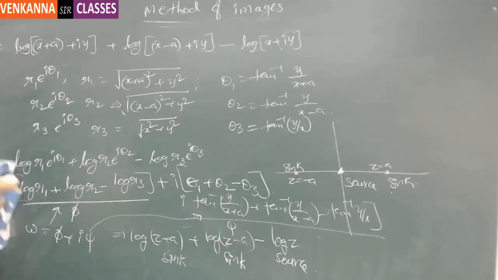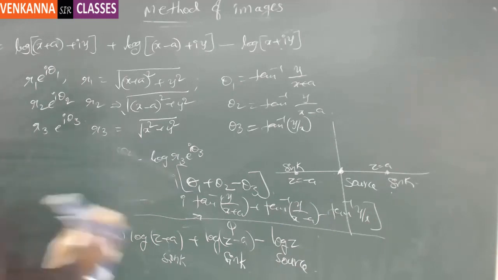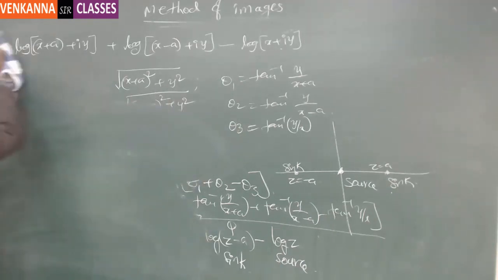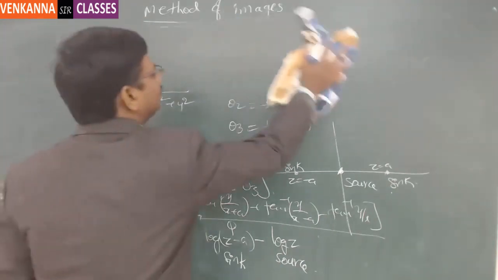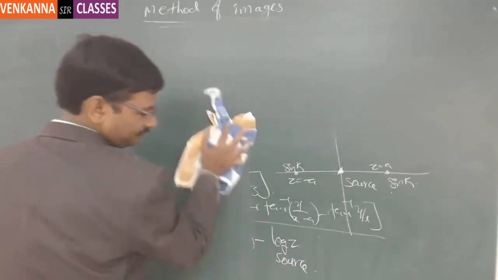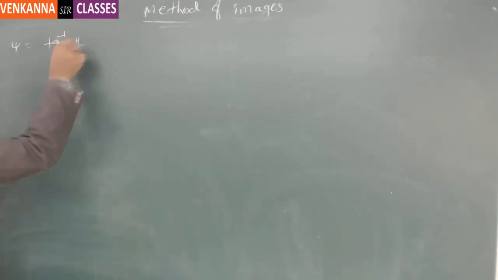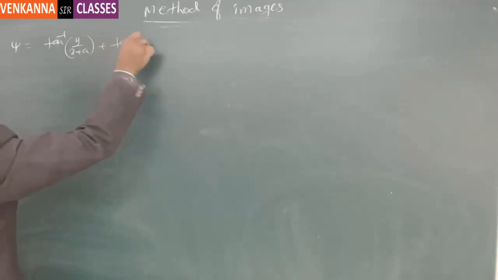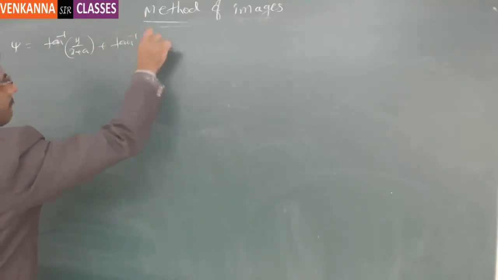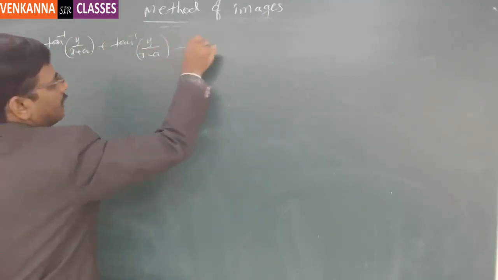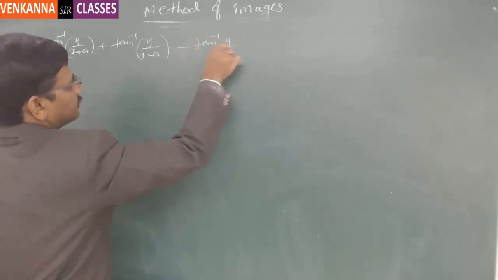Okay. So now we will further simplify the stream function psi. Psi is equal to tan inverse of y by (x plus a) plus tan inverse of y by (x minus a) minus tan inverse of y by x.